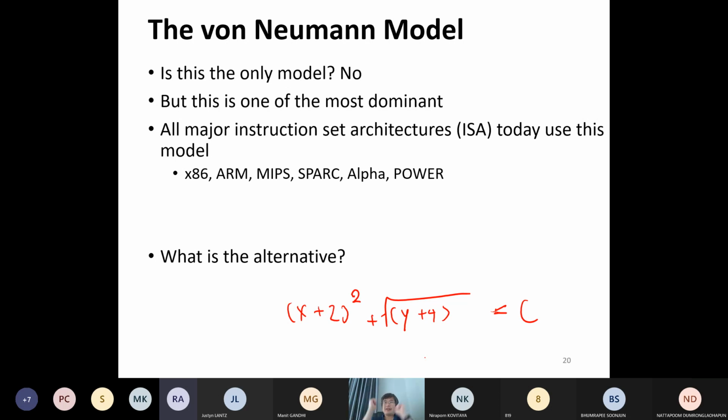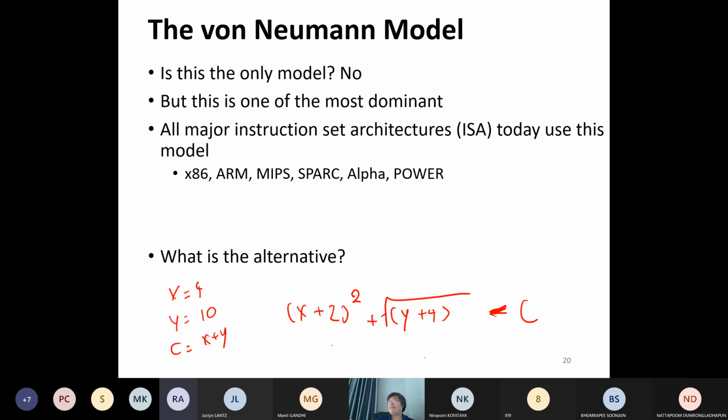I say compute this. What do you do? Which one do you do first? Let's say x equals 4, y equals 10, and c equals x plus y. And this is a negative sign, my bad, not the equal sign.